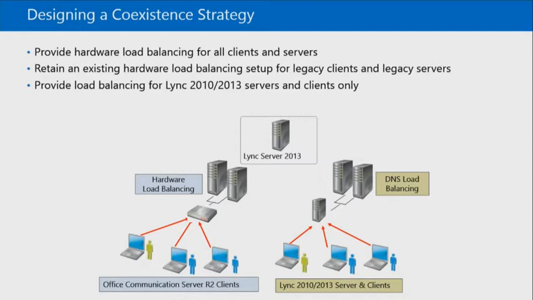It's talking about coexistence, which is when you're designing a coexistence strategy and you want to really think about what it takes to migrate from these older clients onto the newer clients, from that older server onto the newer server. We know that if we have a back end here, we may have an old pool here.